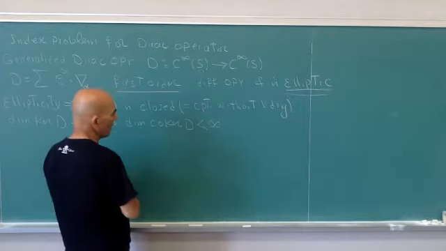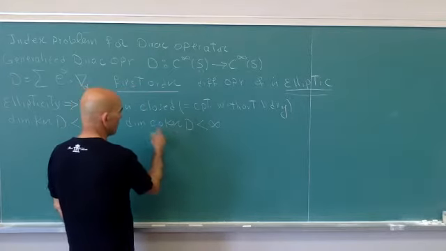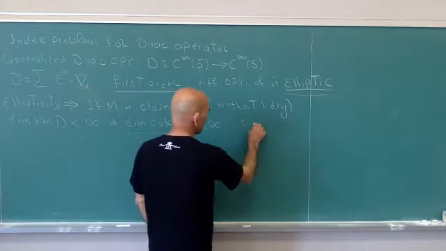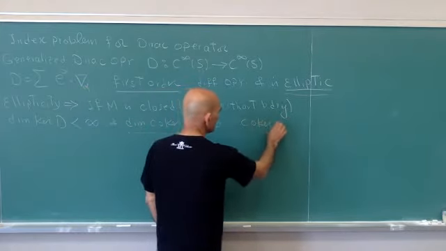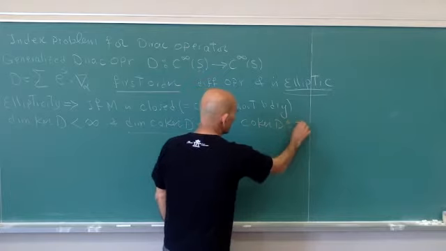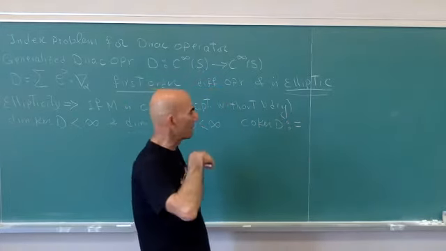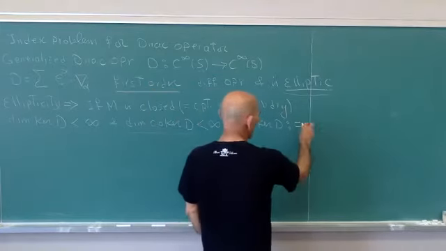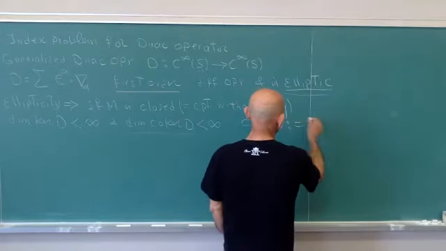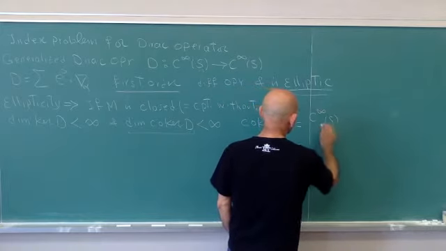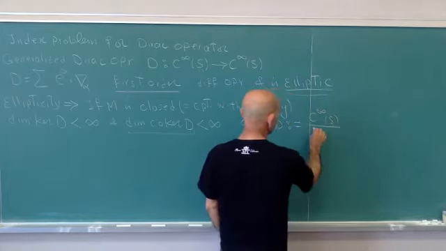And this co-kernel, by definition, is just like in linear algebra. You just take the target space, which is in this case C infinity of S again, but you divide it by the image of D.